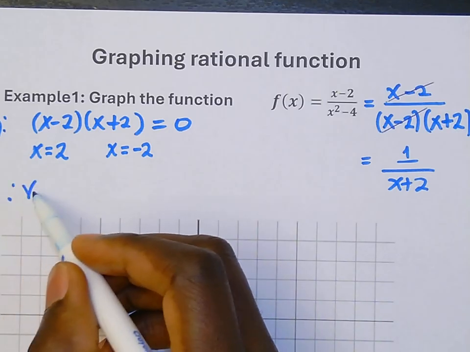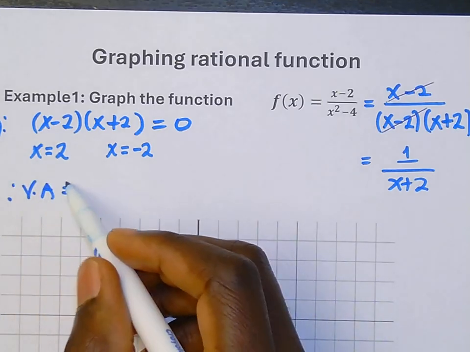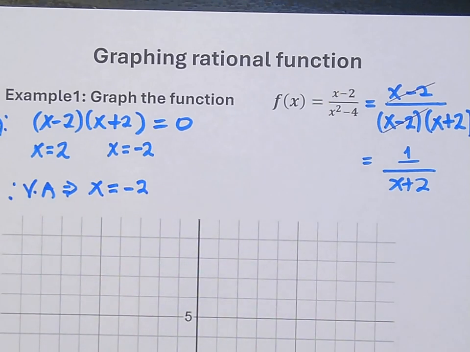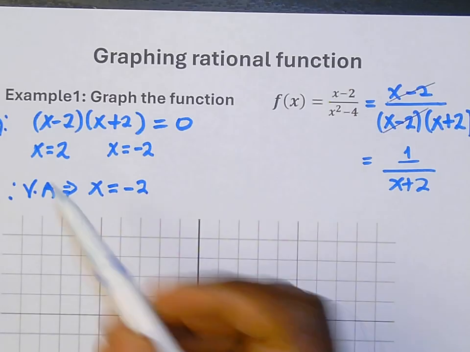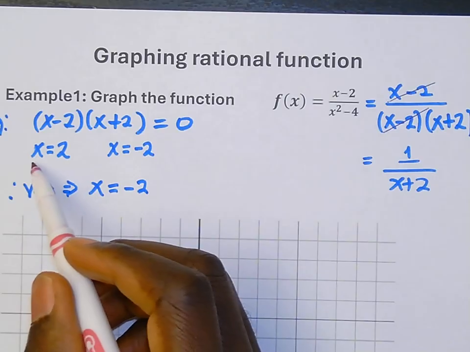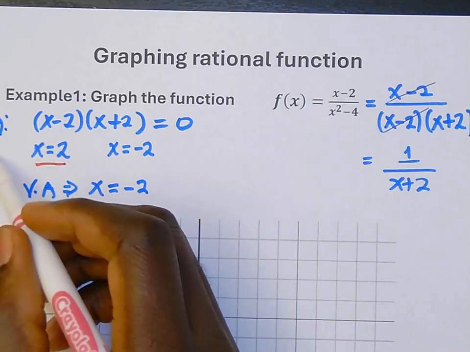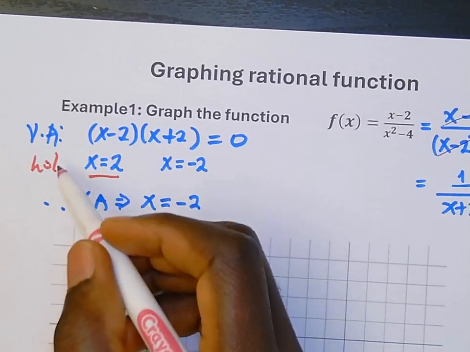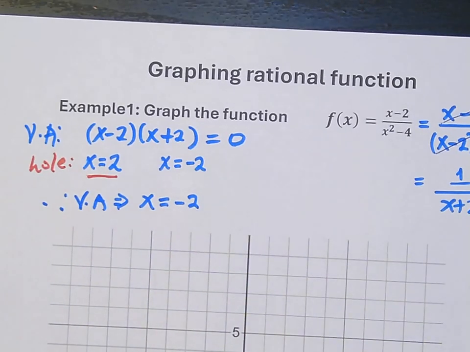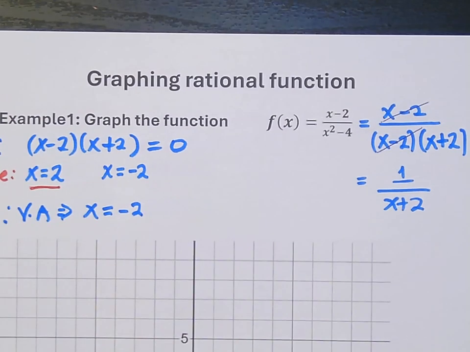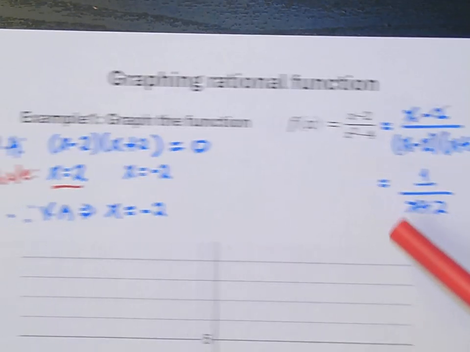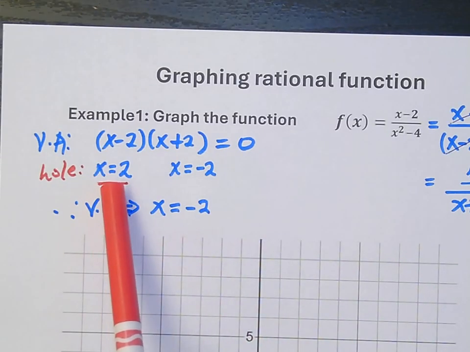So therefore the vertical asymptote is x equals negative 2. Again, x equals 2 is not a vertical asymptote but rather a hole. There's going to be a hole at x equals 2, and the reason is, as I said, the x minus 2 factors cancel out.